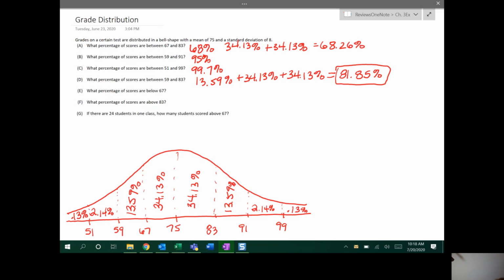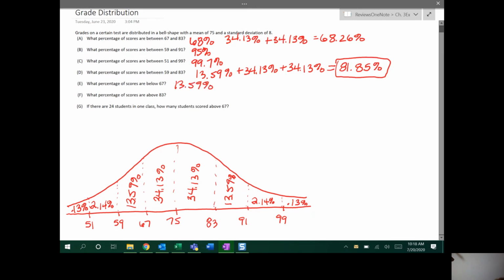So we would have 13.59% plus 2.14% plus 0.13%, which is 15.86%, I think, again.